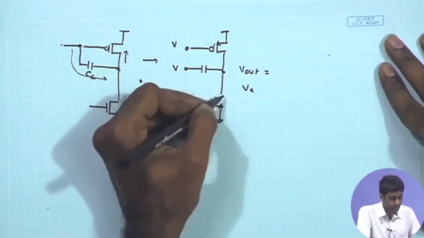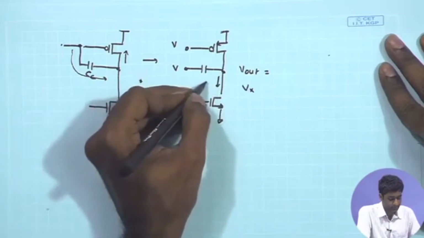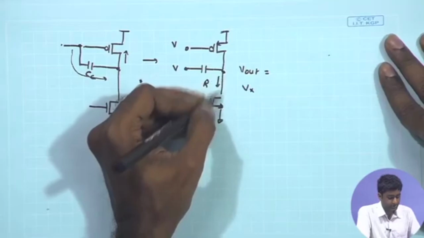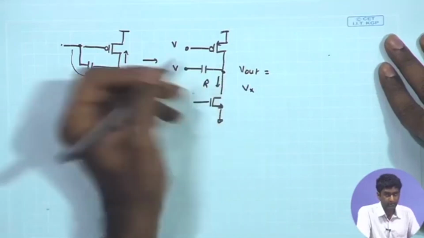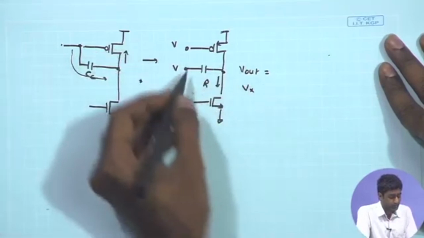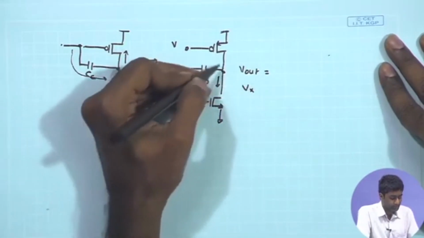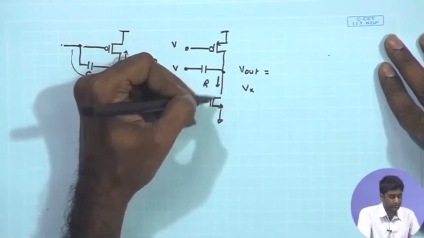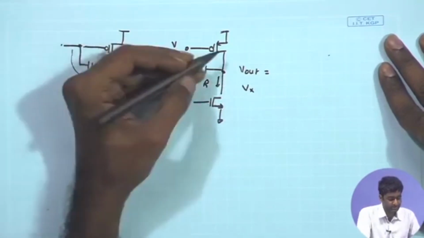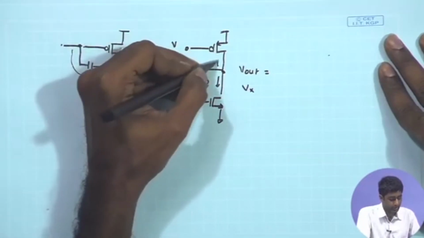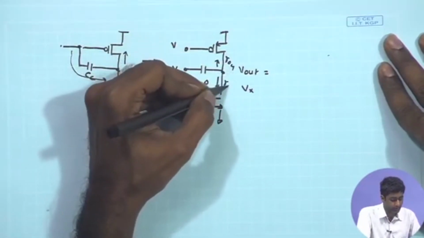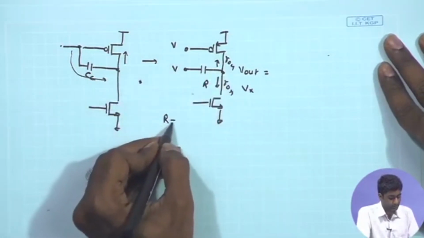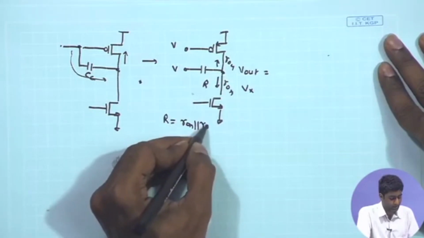So, I am going to represent the impedance of this MOSFET, say, as R. Suppose the small signal resistance provided by this NMOS is R, which we know is RO by 2. You can assume that the total small signal resistance provided at this node by the combination of this PMOS and NMOS is R. So, you have ROP looking upward and RON looking downward. So, the small signal resistance R, I am assuming, is the combination of RON parallel ROP.